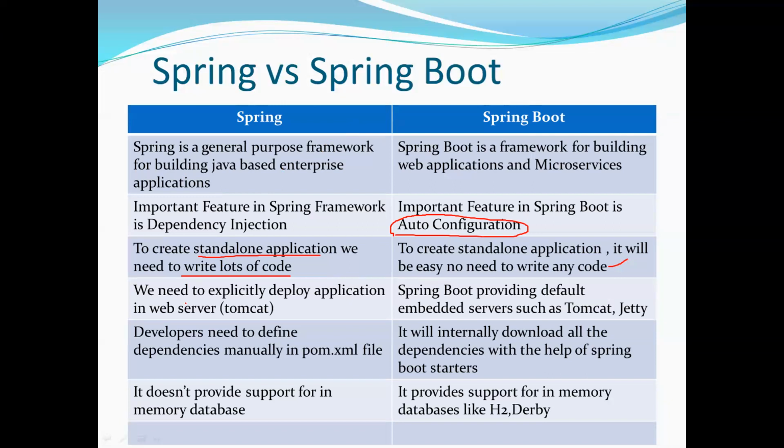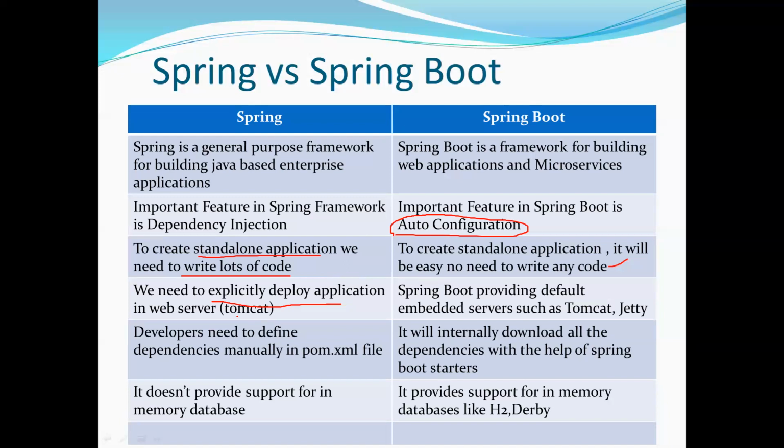And in Spring we need to explicitly deploy the application to a server. You need to install Tomcat in your local system, develop the application, generate a war file, configure this war file into the Tomcat server, and then run the application. It will take a lot of time to perform that activity.